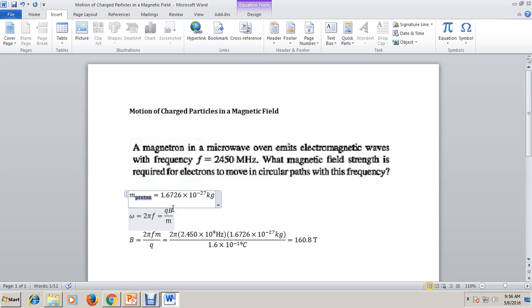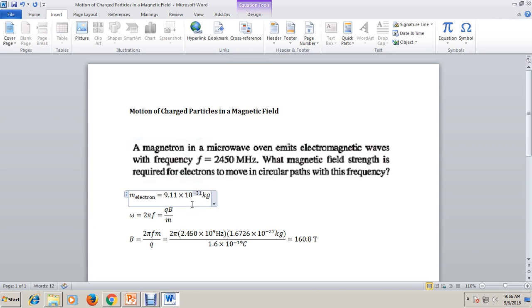Okay, so let me correct this first. What I'm doing is just modifying the givens in the problem.